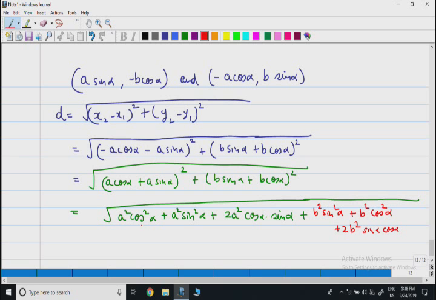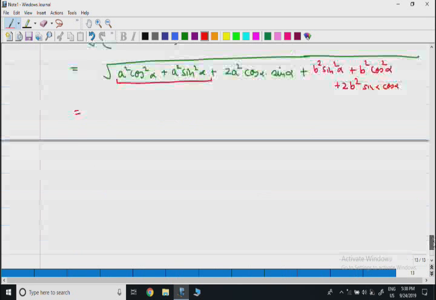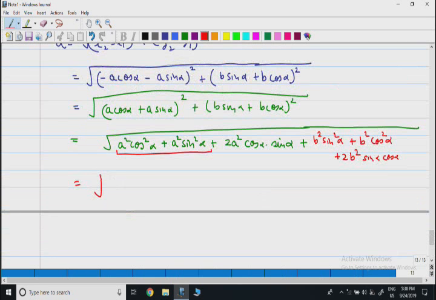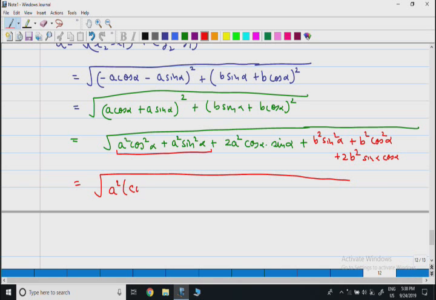Now we know one identity, that sin square theta plus cos square theta is 1. So this thing, a square cos square alpha plus a square sin square alpha, if we take a square as common, in the bracket it will be cos square alpha plus sin square alpha. Similarly, from this one we can also take b square as common: sin square alpha plus cos square alpha.